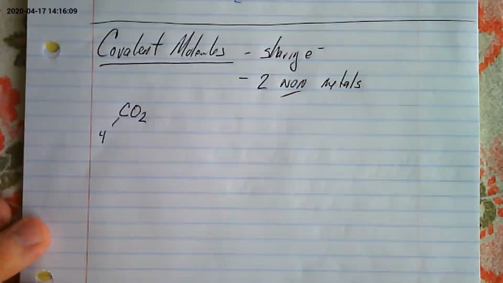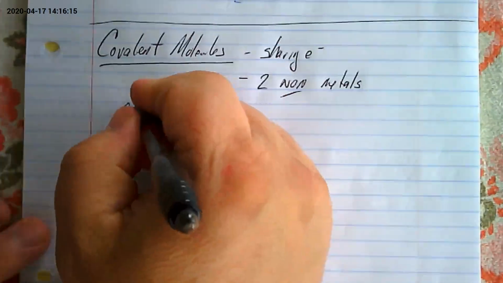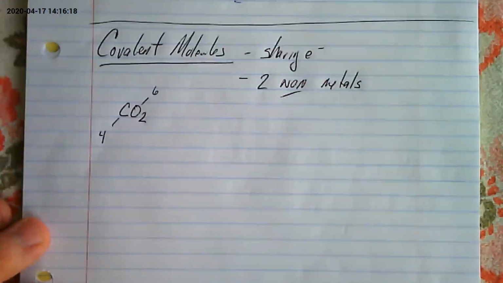Now, it's kind of an abstract thing to think about, so let's talk about what that actually means, the sharing. If you look at something like carbon dioxide, okay? Carbon dioxide is two nonmetals. Carbon is a nonmetal, oxygen is a nonmetal. Carbon has 4 valence electrons, so it needs 8, like everything else.